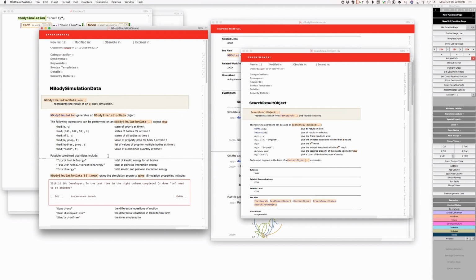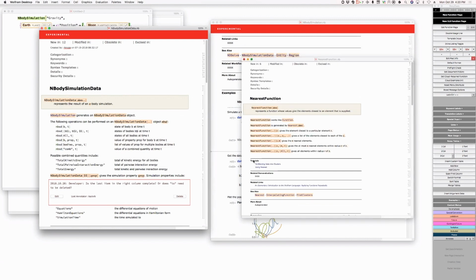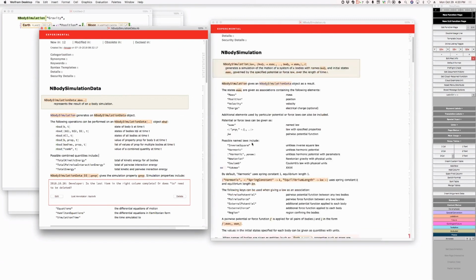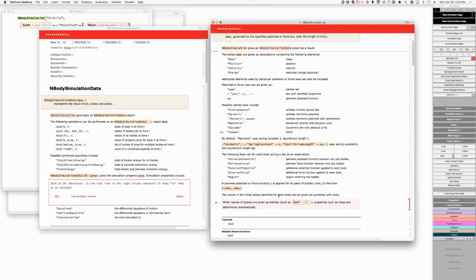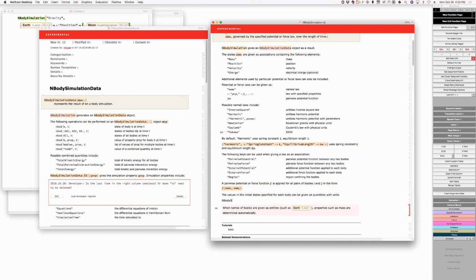Now we should say here that it solves the classical equations of motion. NBodySimulation, by default, solves classical non-relativistic equations of motion.